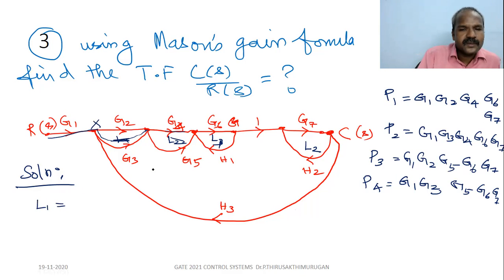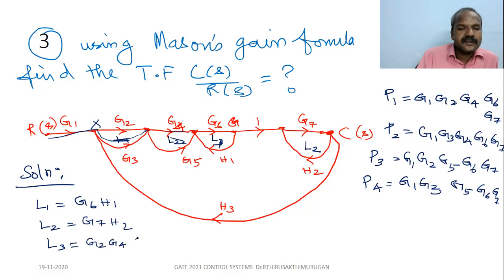L1 equal to G6 H1, L2 equal to G7 H2, L3 is G2, G4, G6, G7 H3.